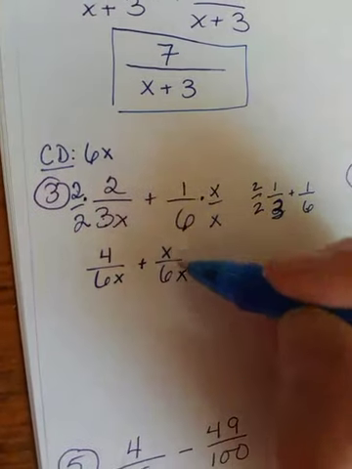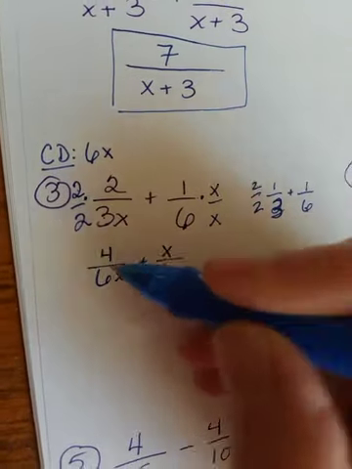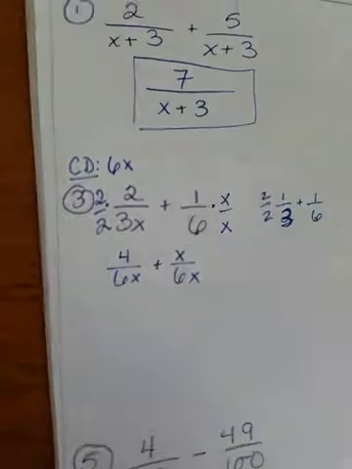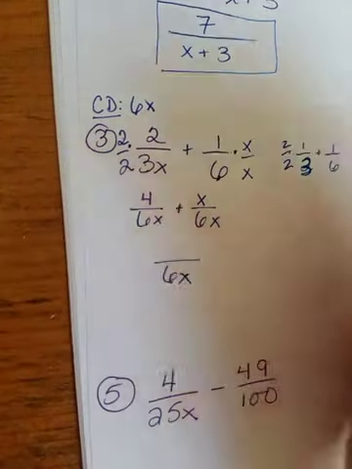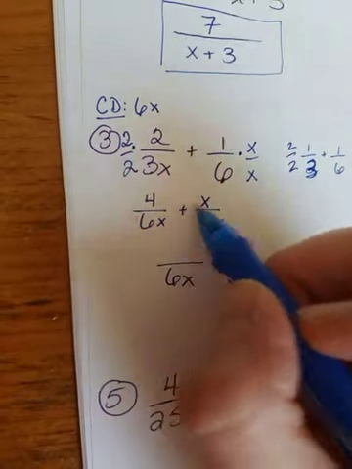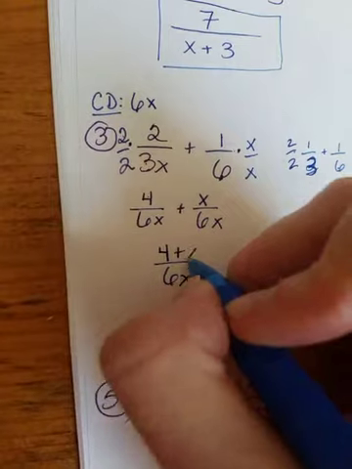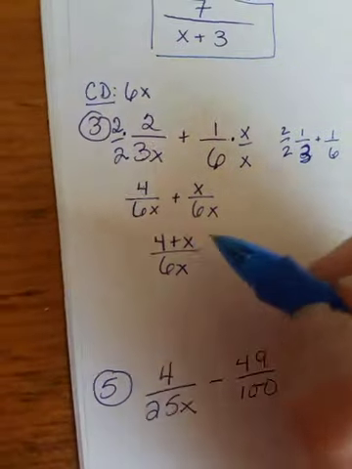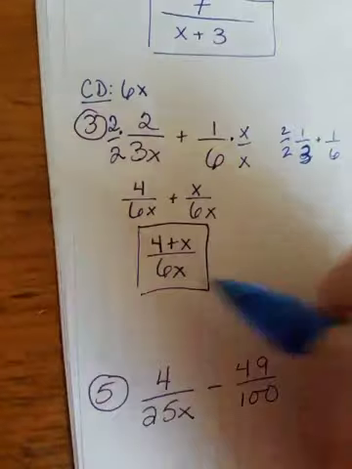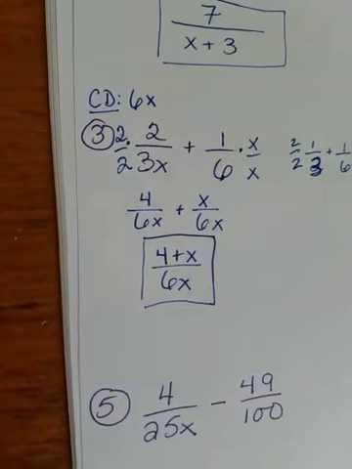Don't go and cross out and simplify. So many people are like, oh, let me cross off these x's and let me simplify the 4 and the 6. No, you just are going to undo all the work you did. So keep your denominator of 6x, and then your numerator is 4 plus x. Okay? Nothing cancels here. The x's do not cancel because your x in the numerator is part of a binomial.